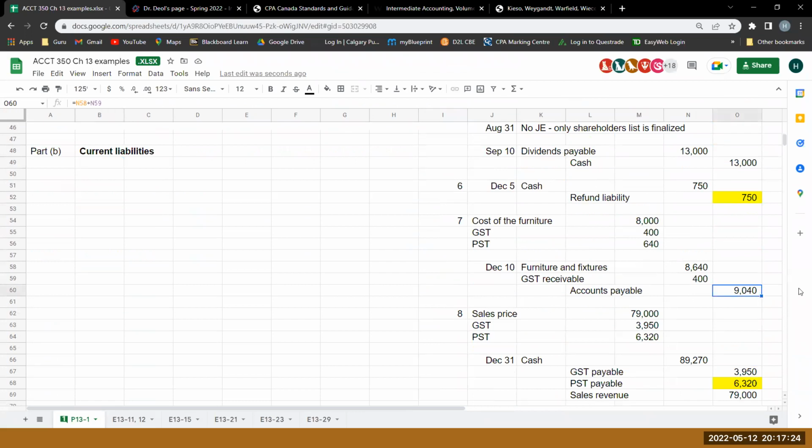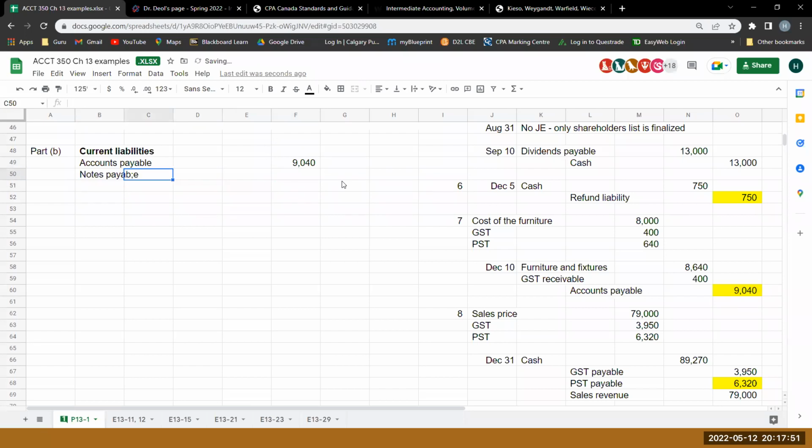Oh yeah, I've got an accounts payable here, 9,040. So I've got to have accounts payable for $9,040. I'm just linking, so if you press the F2 button, you'll be able to see where that came from. Then we're gonna have notes payable.